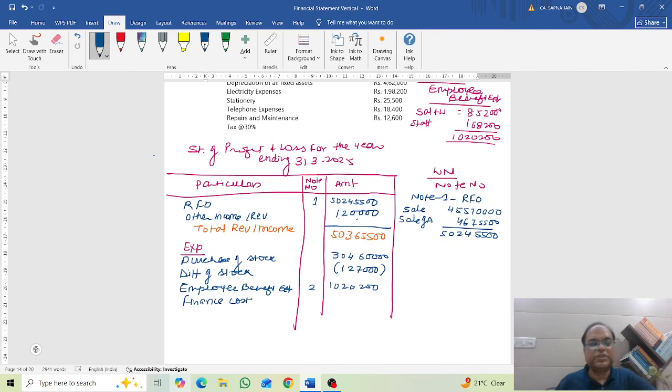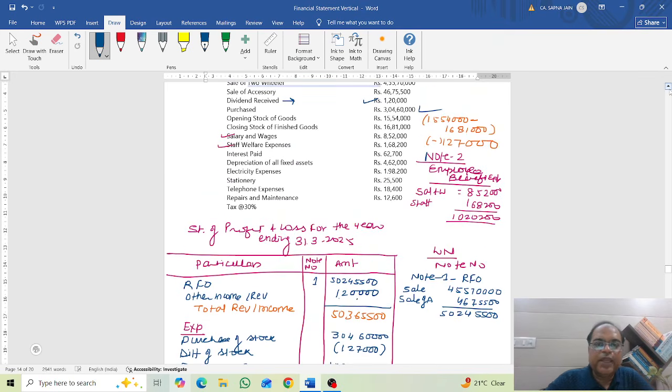What is finance cost? Interest on loan, interest on debenture, or expenses incurred for arranging the fund, for arranging the loan. Now check what type of item is given in the question. Only one type of interest is given, interest paid. This is 62,500. No other interest is given. So no need to prepare the note number here.